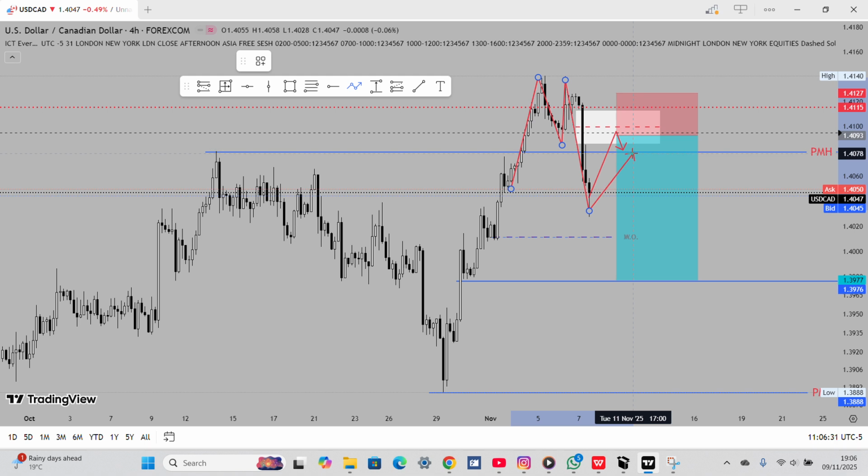Like you can see, it has been validated, and now we have to wait for the market to come into this level to perform a trade setup, and then it has to come to these target levels. That's why I target these levels, because we have some FVG.